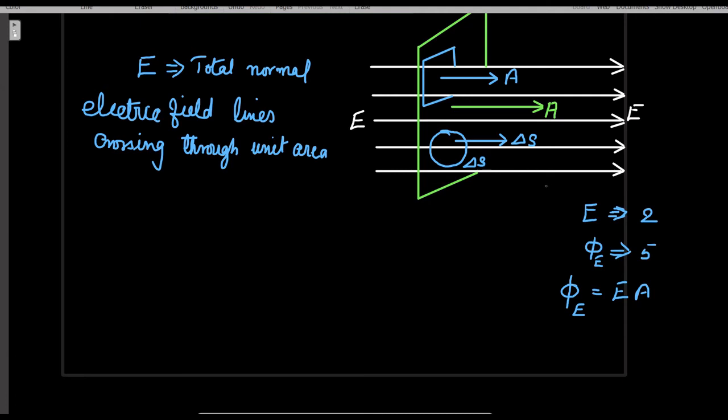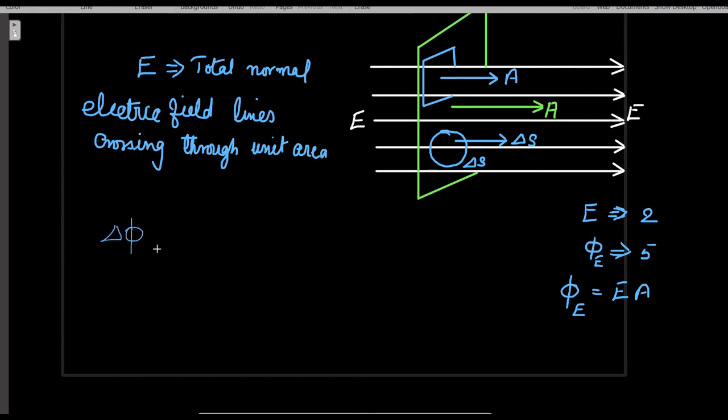Now we calculate the total number of field lines crossing normally through this delta S. I represent it here as delta phi.